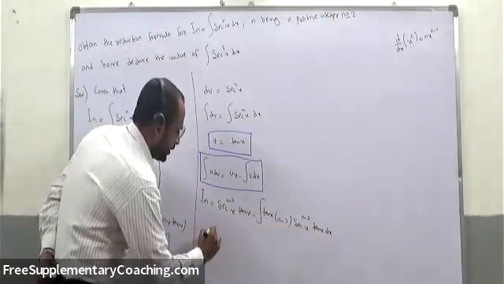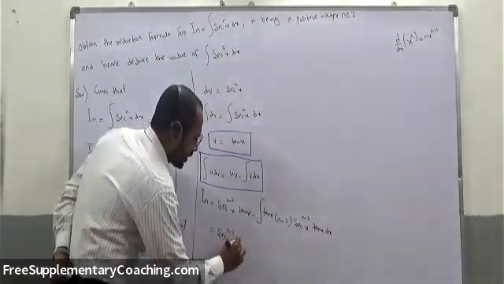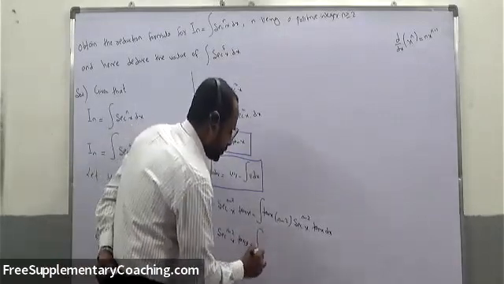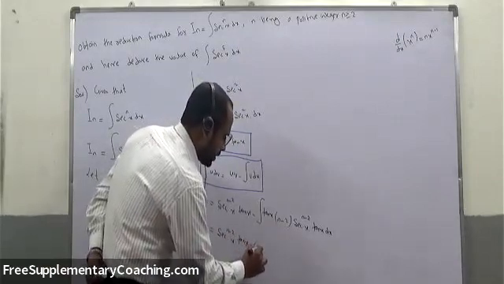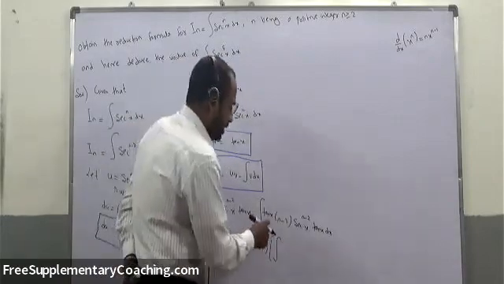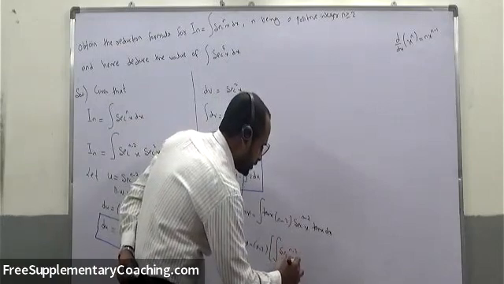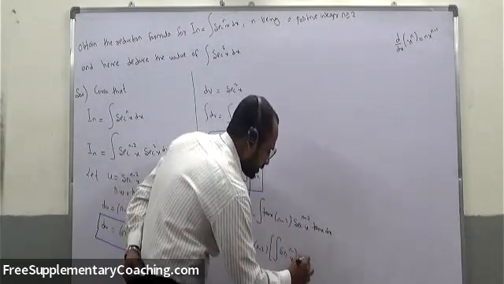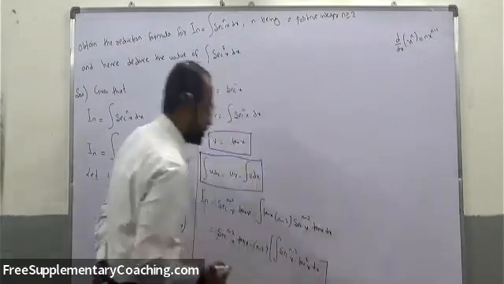So what we are getting here? Secant power n minus 2 x into tan x minus integration of, just take out n minus 2 outside, n minus 2, take a big bracket, then integration of secant power n minus 2 x into tan x into tan x, tan square x into dx as it is.